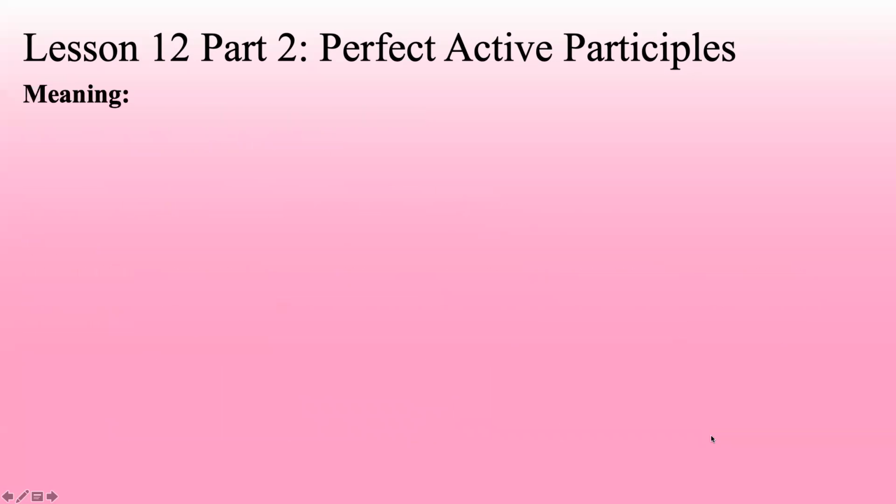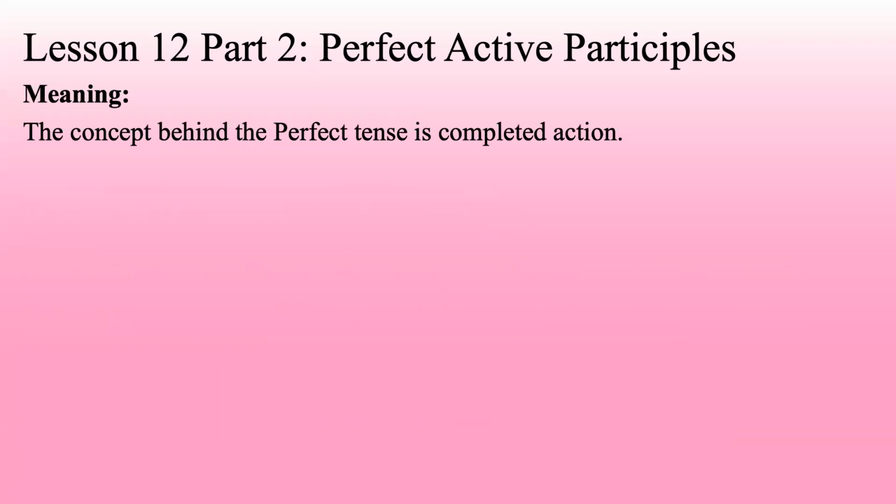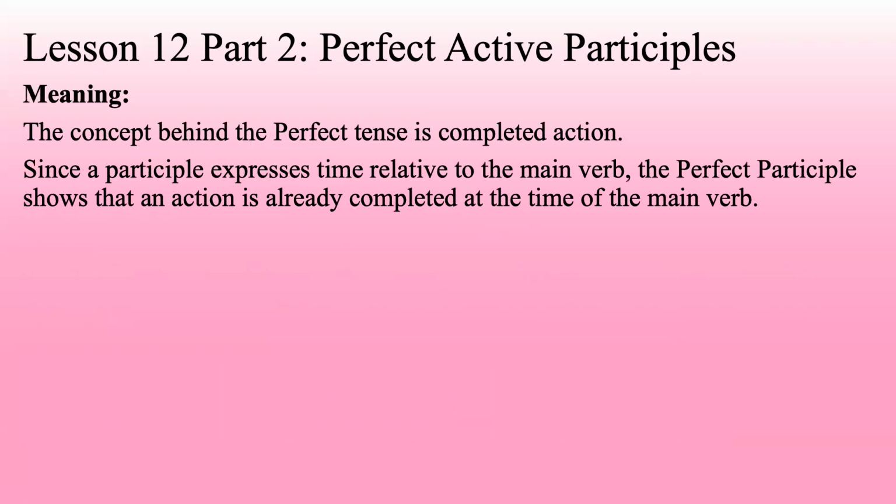All right, now let's look at the meaning of these perfect active participles. The concept behind the perfect tense is completed action. This action has already been finished. So since a participle expresses time relative to the main verb, the perfect participle shows that an action is already completed at the time of the main verb.